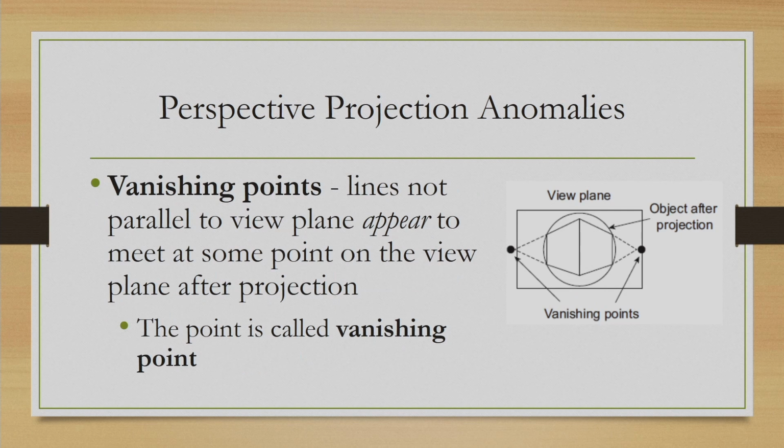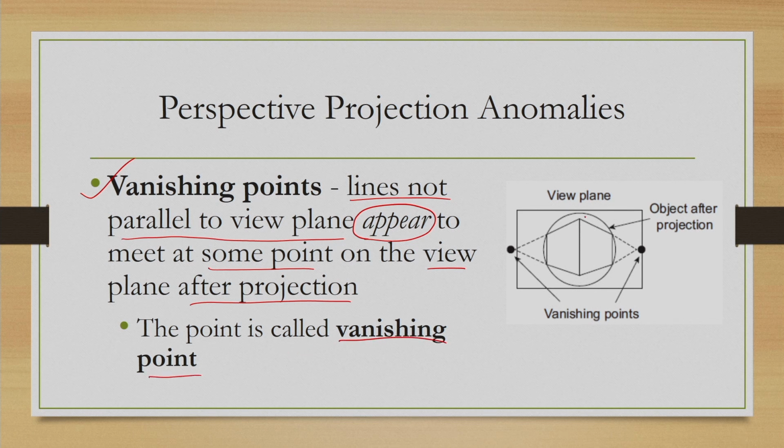Another anomaly is called vanishing points. Here, the lines that are not parallel to the view plane appear to be meeting at some point on the view plane after projection. The points where these lines appear to meet are called vanishing points.